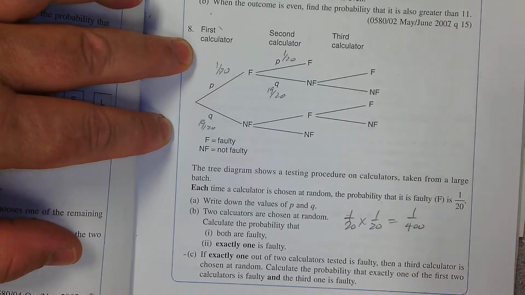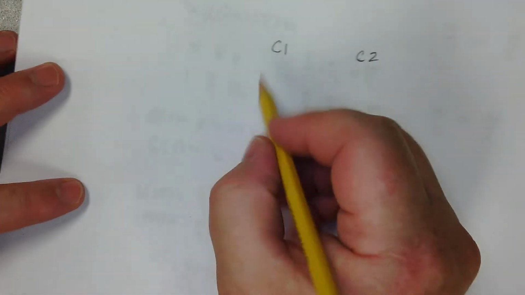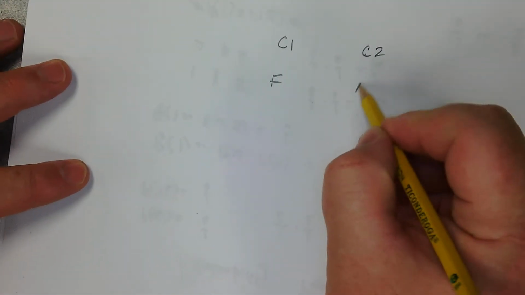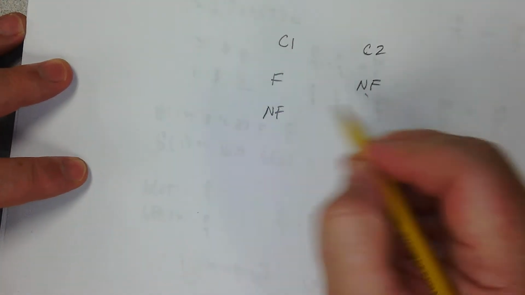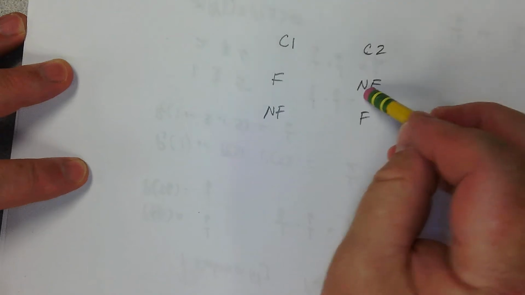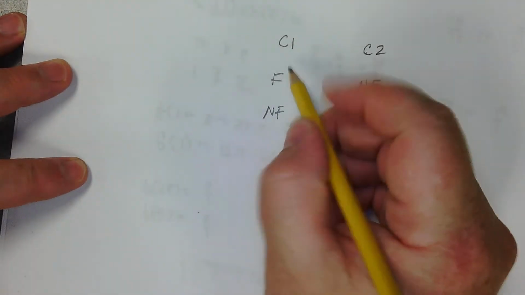Okay, now, find the probability that exactly 1 is faulty. All right, now, I'm going to use some paper here, right? So there's 2, so we got calculator 1, we've got calculator 2. So we have to find the probability that exactly 1 is faulty. So it's either going to be not faulty for the second and faulty for the first, or not faulty for the first and yes, faulty for the second, right?